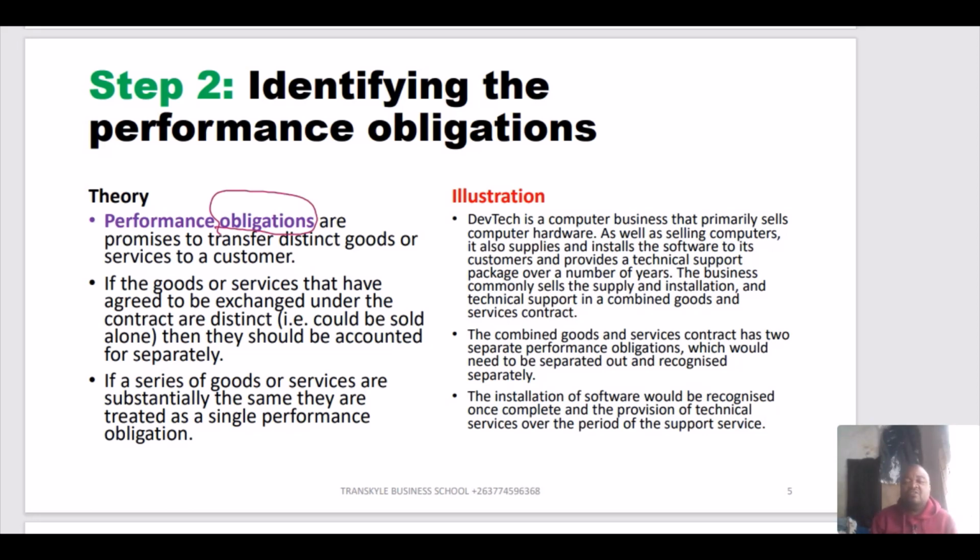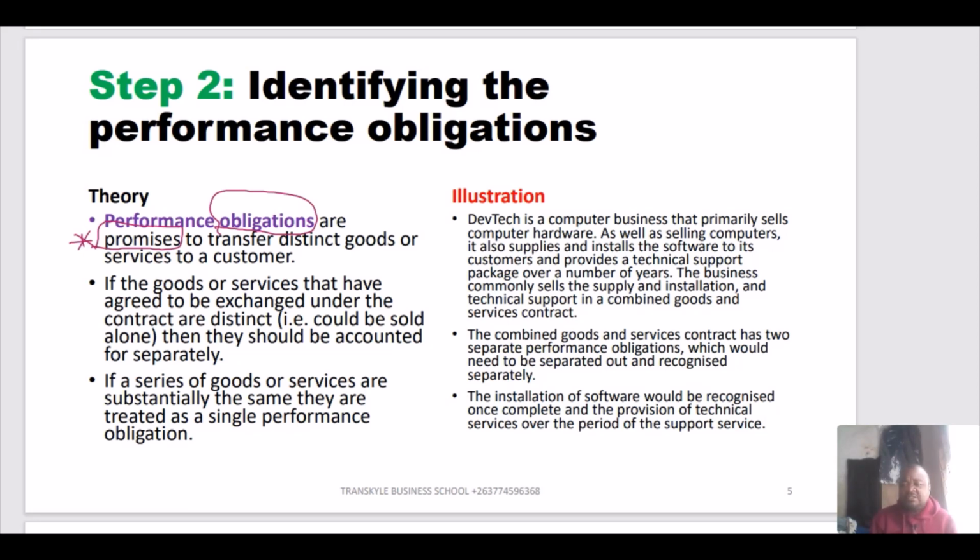So if you do not do that thing, then the contract will be enforced against you. Okay, so performance obligations are promises. In the business world, we use the word promise, but it doesn't mean that this type of promise is not going to be enforced at law. It is going to be enforced.